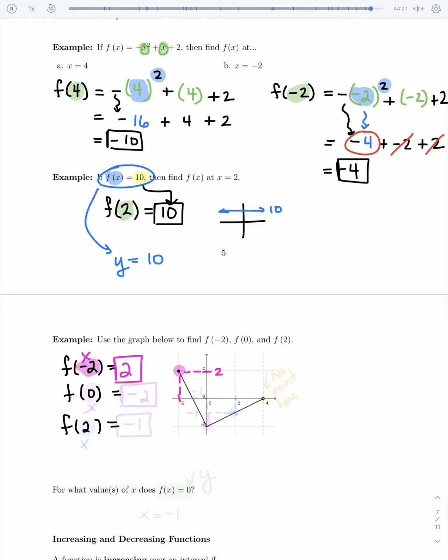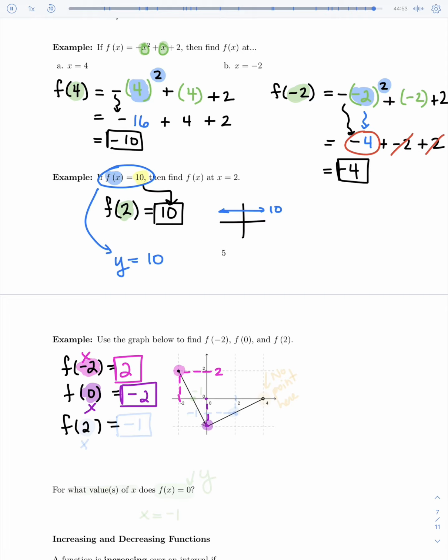Let's take another one, f of 0. Well, f of 0, where's our graph at? It's here at 0. Where's 0 on our graph? It's going to be down here. Well, that means our graph is down at -2. So when x is 0, our y value is -2, and that's our final answer.